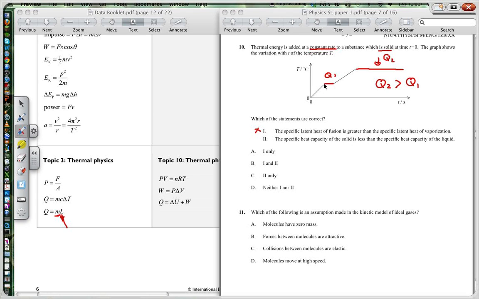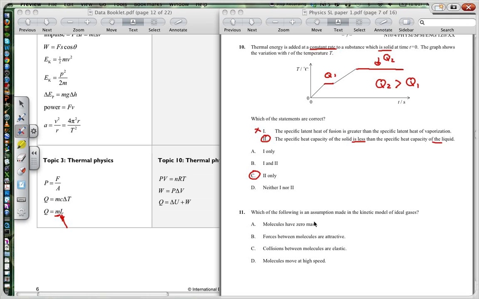If it's the same mass in each case and the temperature is rising quicker, then the specific heat capacity is lower. It takes less heat to raise it by 1 degree Celsius. So in actual fact, this is correct. The solid is less than the liquid. So it's only 2, so it's C.